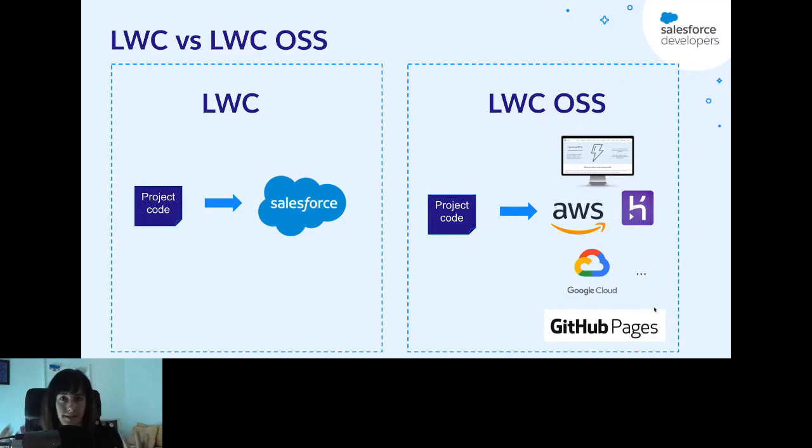That means that we are going to use the Lightning Web Components library to compile your code in the same way as when you deploy or push your files to a Salesforce organization, where that is happening automatically.